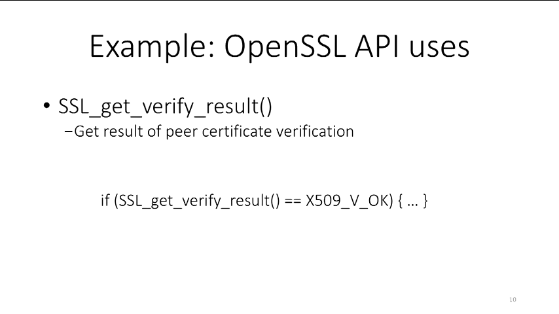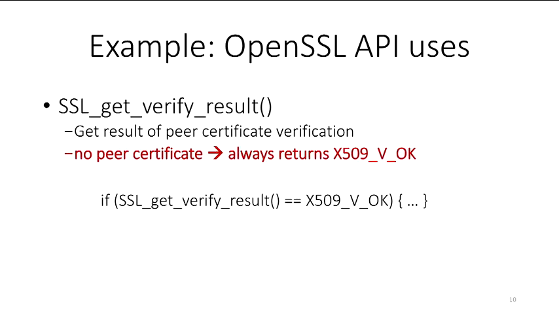Here is an example of an OpenSSL API. There is an API called SSL getVerifyResult, which returns the result of peer certificate verification. At first, we might think the correct use is as follows: call SSL getVerifyResult and check whether it is OK. But it is not.